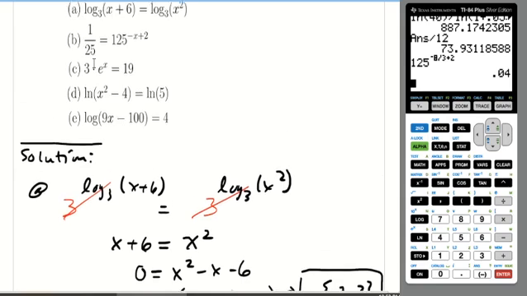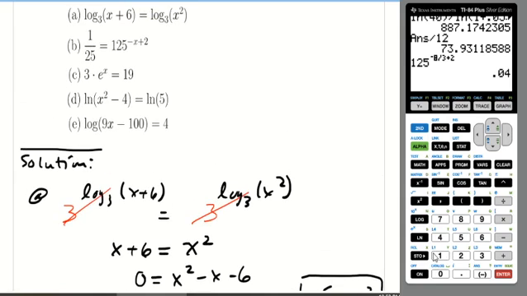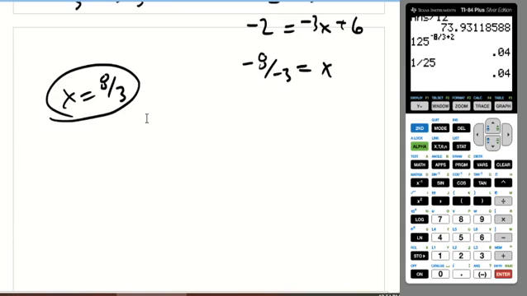Oh, yeah, sorry. I'm trying to get 1 over 25. That's right, not 25. 1 over 25 is 0.04. Okay, good. So it checked out. Didn't make any mistake. Good.